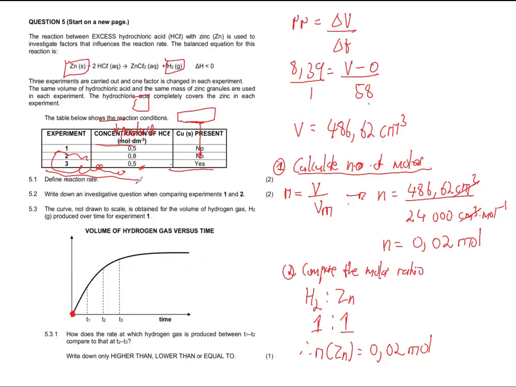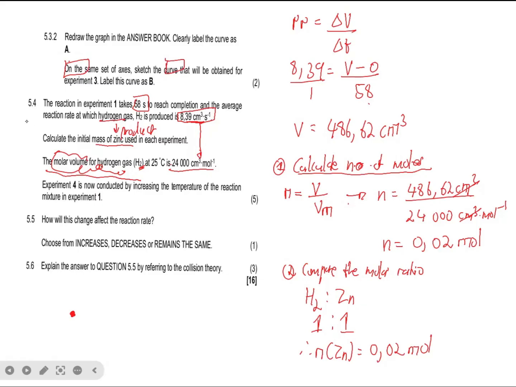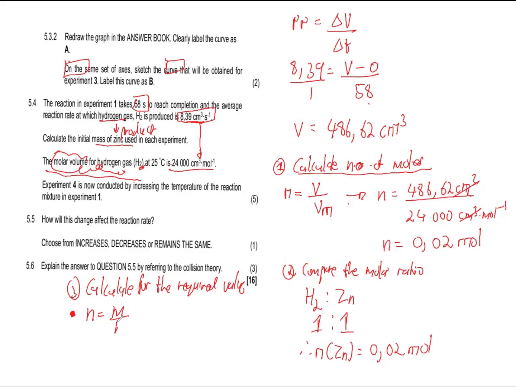Then, to calculate the mass of zinc, we have step number 3, which says calculate for the required value. So we are going to have n equals mass over the molar mass. Our number of moles, 0.02, equals mass over the molar mass.